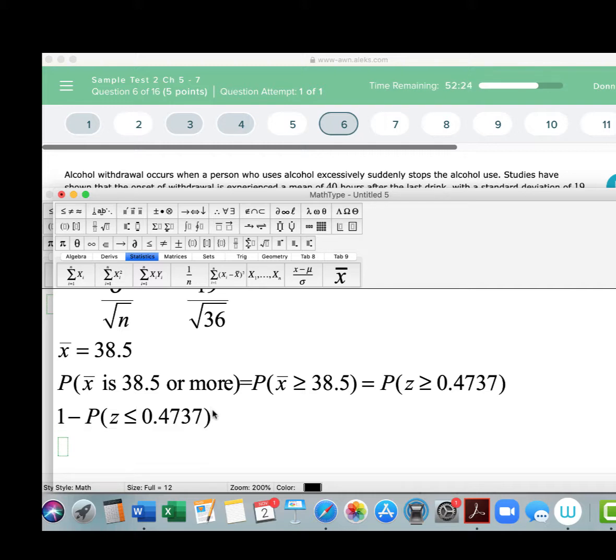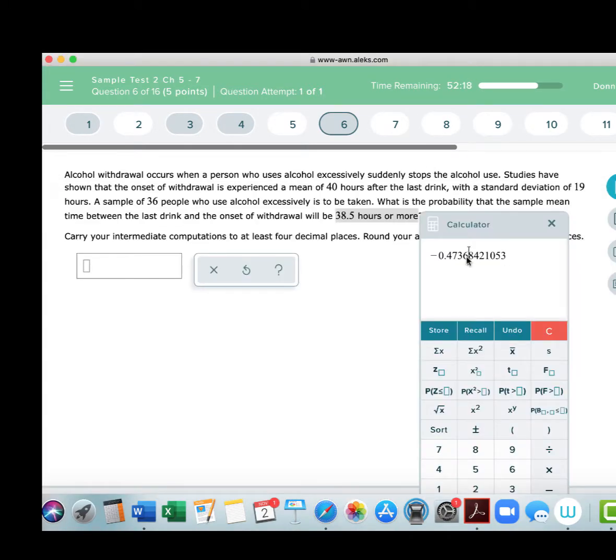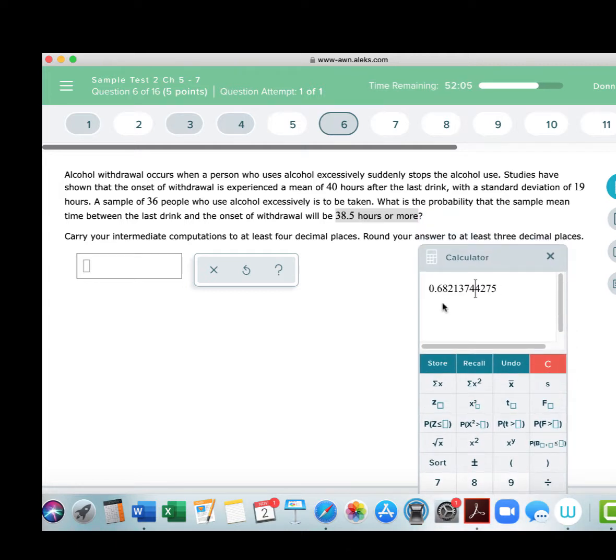Now we'll go out to the ALEKS calculator and do the computation. We'll double click on our value there. We'll hit P of Z because we want to find that probability, and then 1 minus. And that gives us 0.68217, and they tell us to round our answer to 3 decimal places, so 0.682.